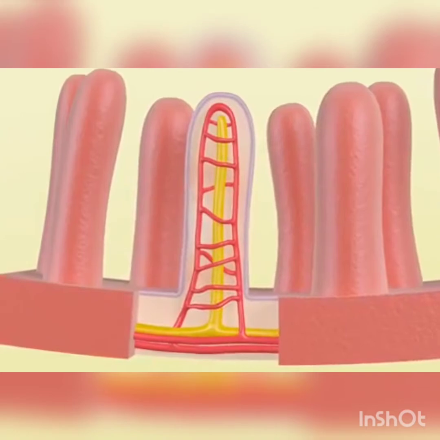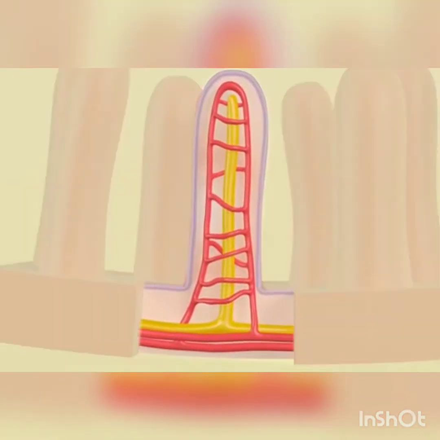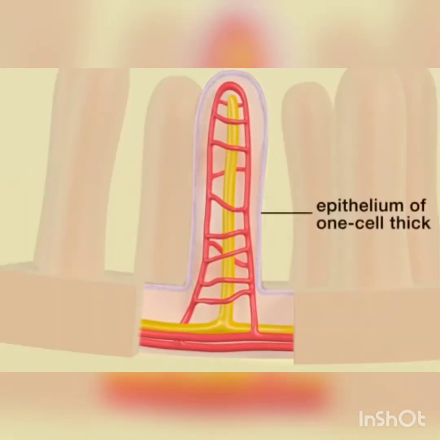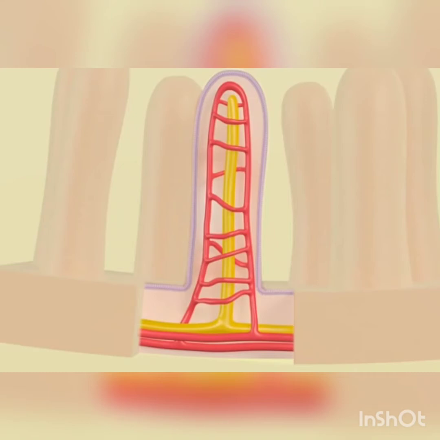Moreover, the epithelium of the villi is only one cell thick. This provides very short distances for diffusion of food molecules into the blood. The cell membrane of the epithelial cell has a large number of microvilli.